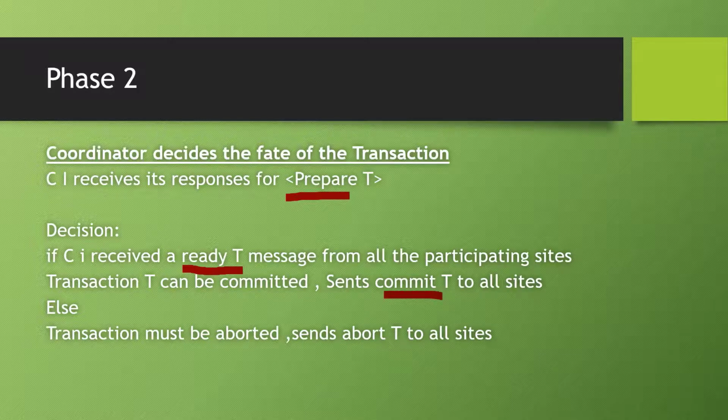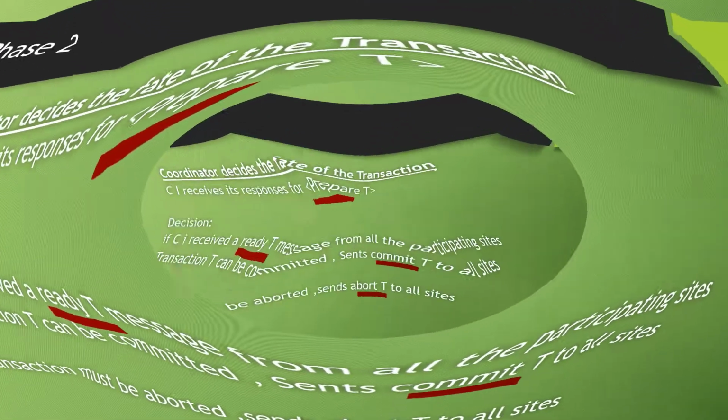Even if one site has responded with abort T, meaning that it is not ready, then the coordinator has to decide that the transaction has to be aborted, so it sends abort T to all the sites. So in phase 2, the coordinator sends commit if it receives ready from all the sites, else it sends abort T even if it has not received ready from any one of the participating sites.